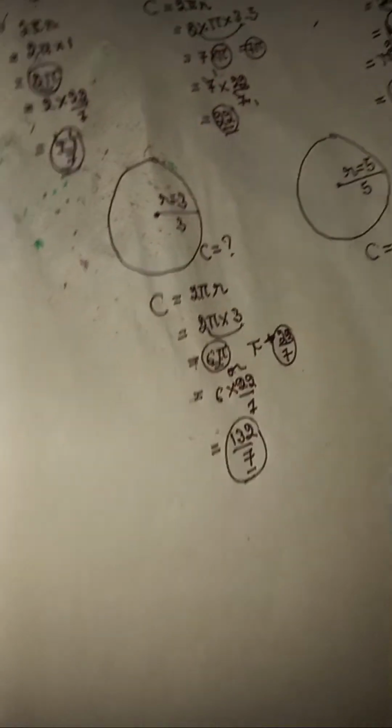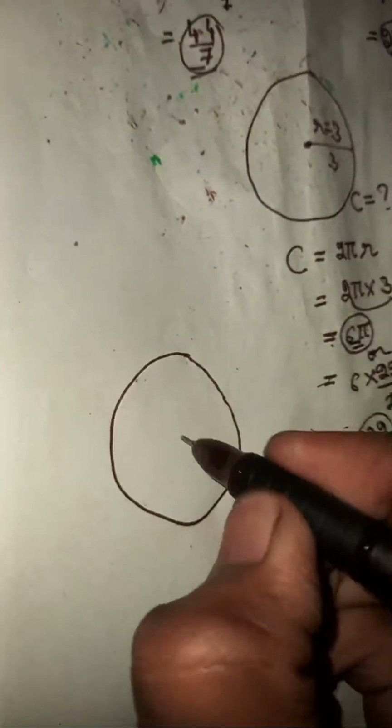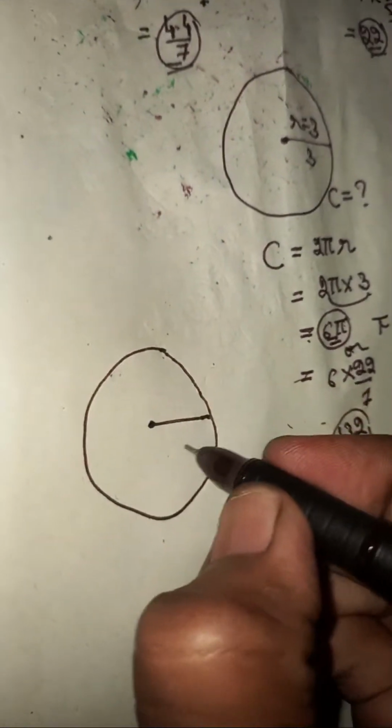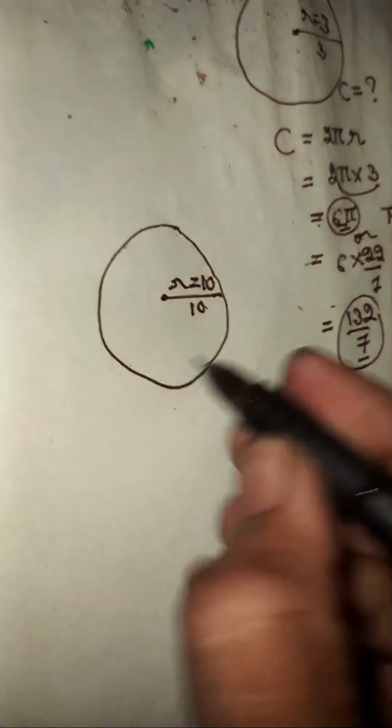Let's take even one more circle, and in this circle they have given that the radius is equal to 10 units. So r is 10 units. Now you must find out what's the circumference.